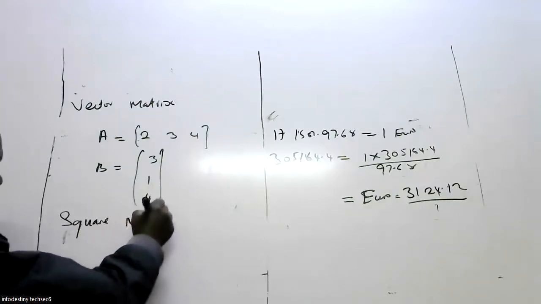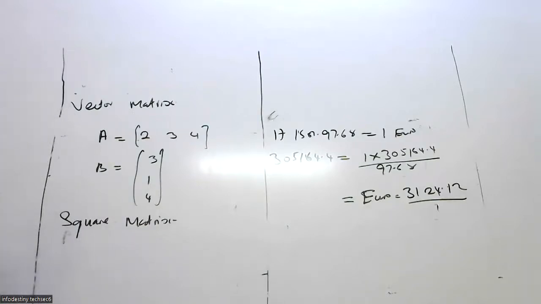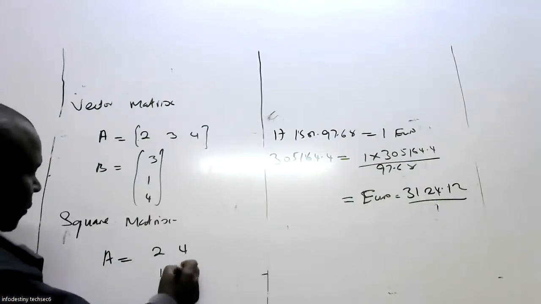Square matrix. What's a square matrix? A square matrix is a matrix which has the same number of rows and columns. So when you find a matrix with the same number of rows and columns, we consider that a square matrix. As an example, A equals 2, 4, 1, 3.